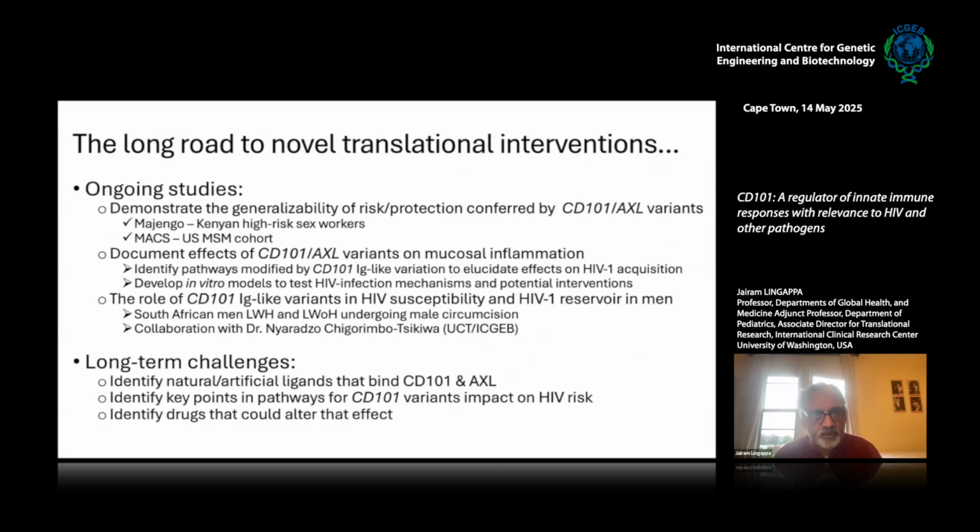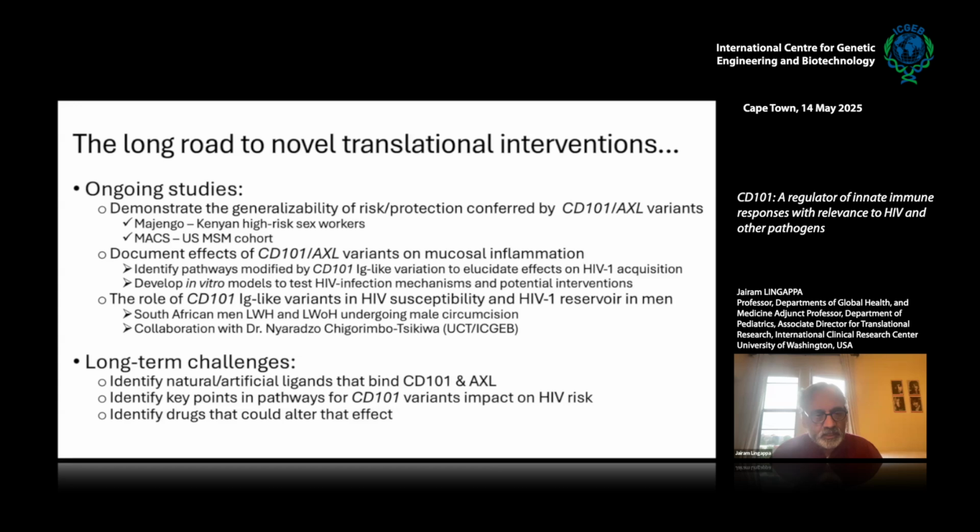And so finally, to conclude, the long road to translation of interventions: we're following up on these things with ongoing studies, looking at the generalizability of this to other cohorts with regards to CD101 and AXL, and documenting the effect of CD101 and AXL in mucosal inflammation models, and then also working with Niari at the ICGEB to look at the role of CD101 Ig-like variants in HIV susceptibility and HIV reservoir in South African men.